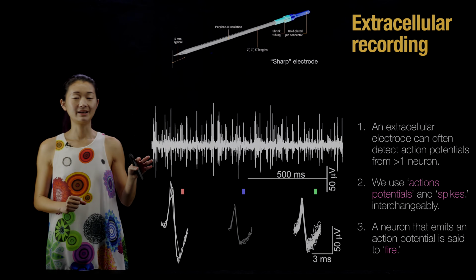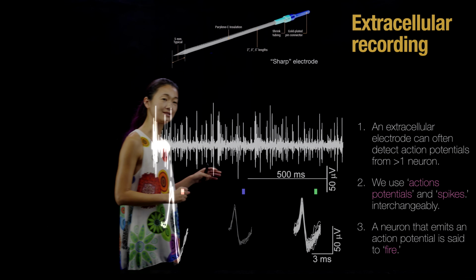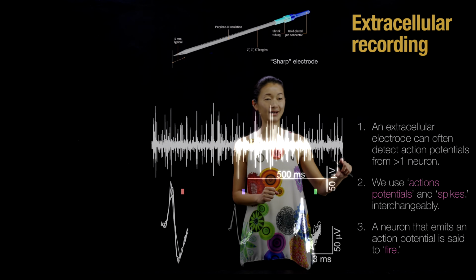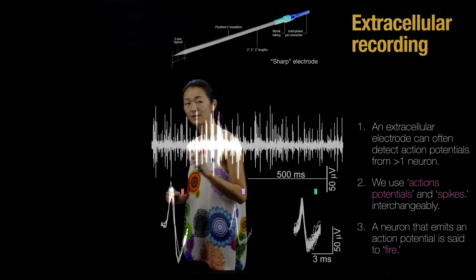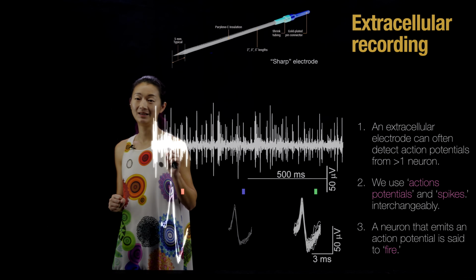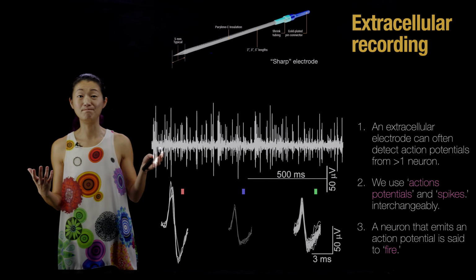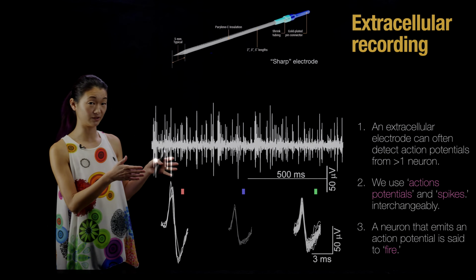The first one is that if you pay attention to the axes here, you'll see that this is 50 microvolts. Remember, the resting membrane potential of a cell is like negative 60 millivolts. We're talking microvolts here.